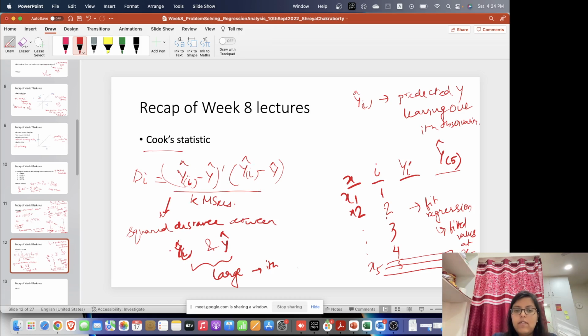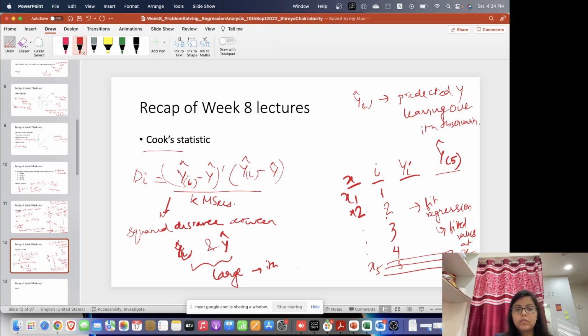So that is why if the squared distance is large, then we can say that the ith observation is an influential point. Now how large it is, we can give a subjective threshold, that if any D_i is larger than the others. Okay, so this one was there.